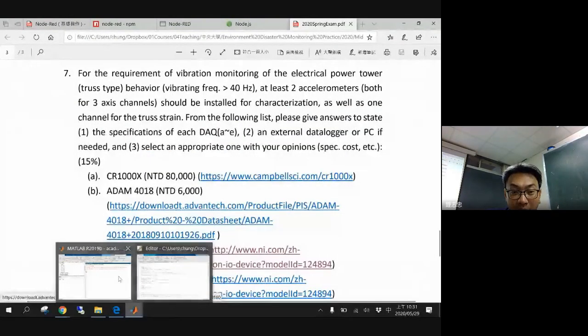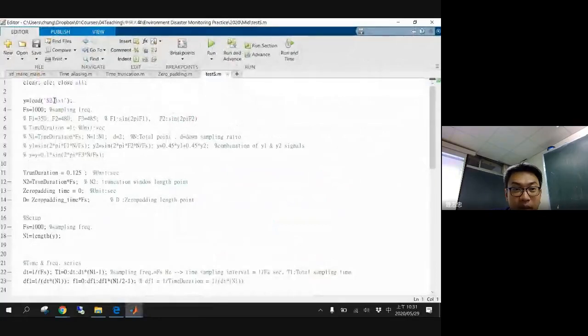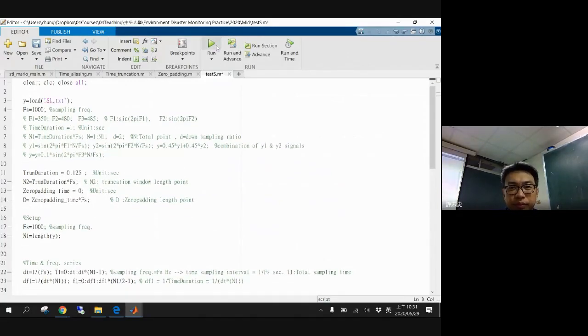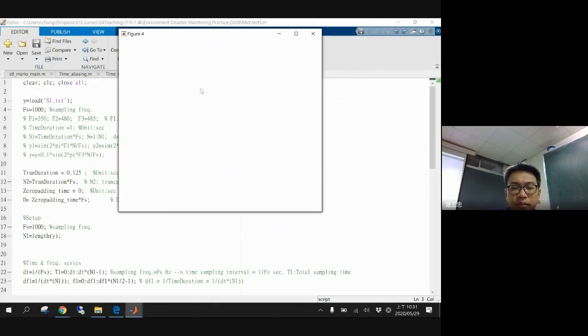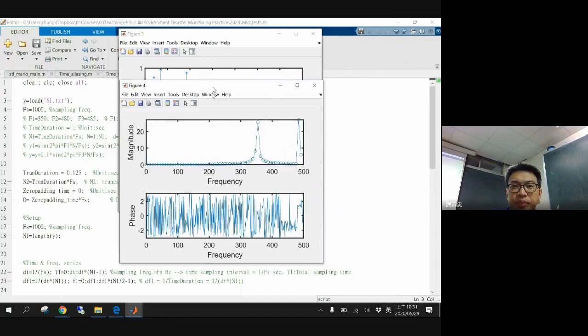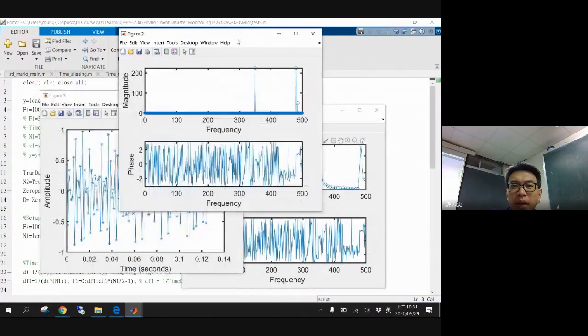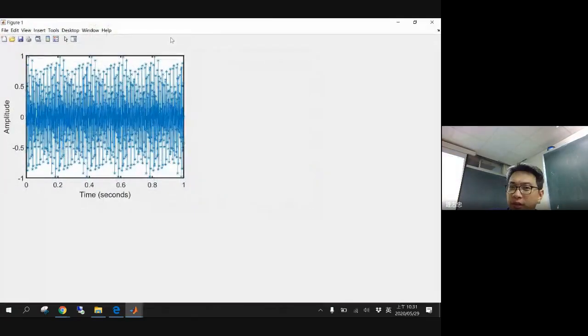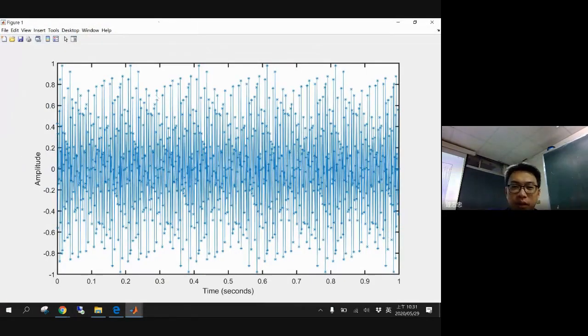Okay, I will very quickly show this. Here is the first one, the waveform.